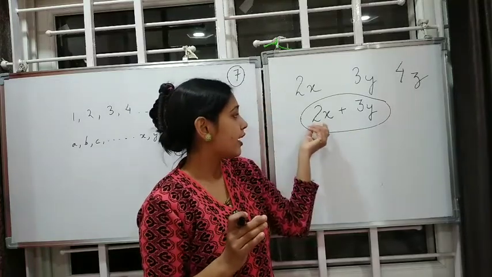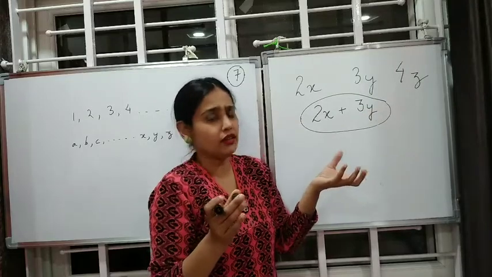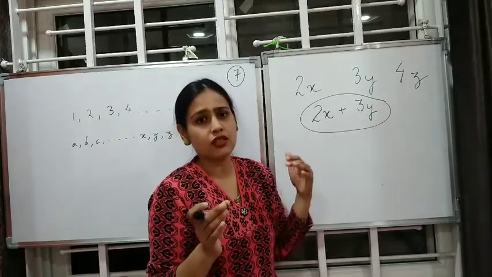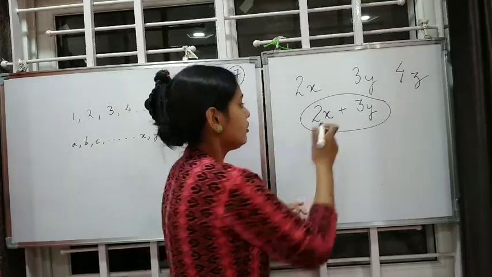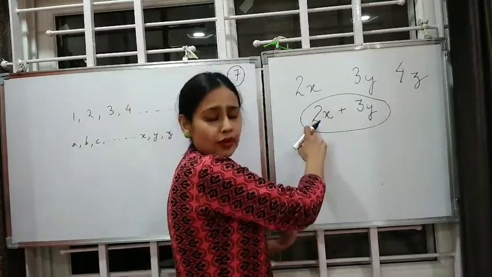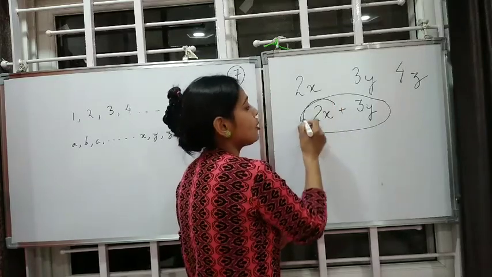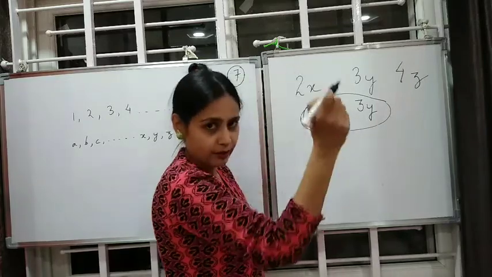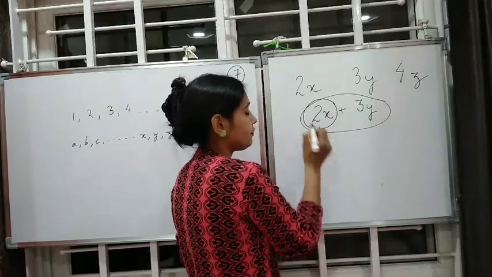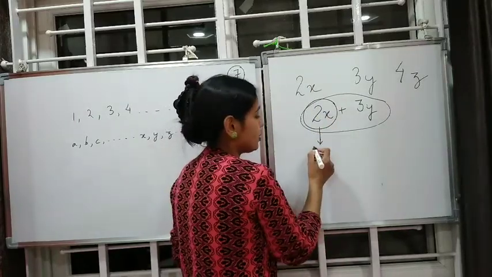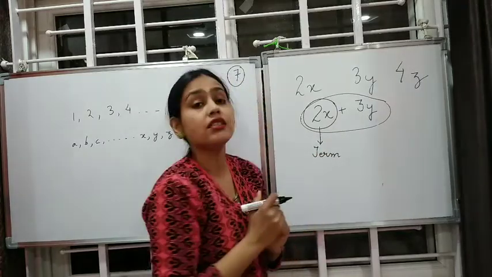As we said, it is a combination of algebra, that is again a combination of a number and a letter. And this algebra, which I am saying all the time, in an algebraic expression is known as a term.